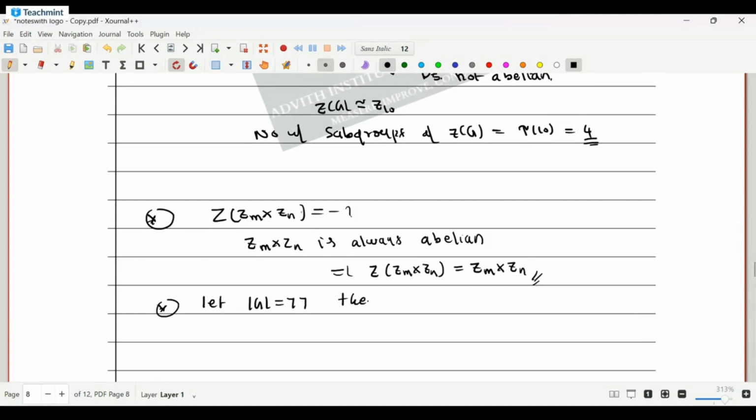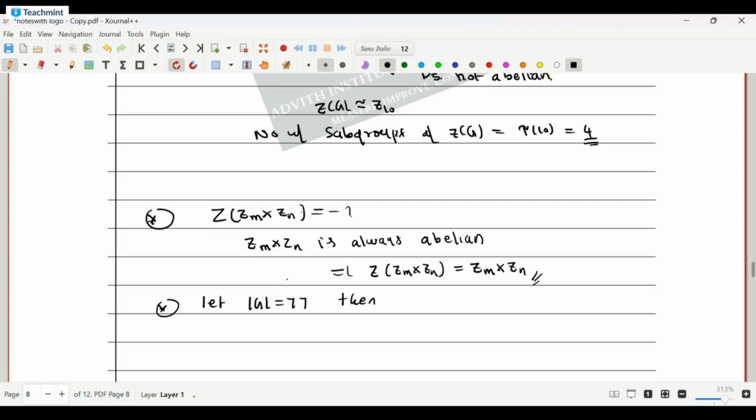Sir, Zm cross Zn is abelian only when GCD is 1, right? With GCD 1 or not, it is abelian, sir. Since it is abelian, for cyclic we need GCD 1. To be cyclic, GCD of m, n must be equal to 1. But for every m, n belonging to Z plus, Zm cross Zn is abelian, sir, since the product of abelian groups is always abelian.